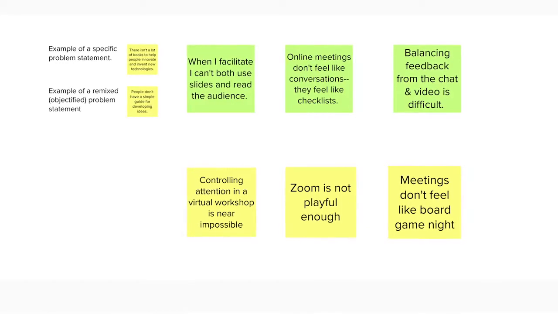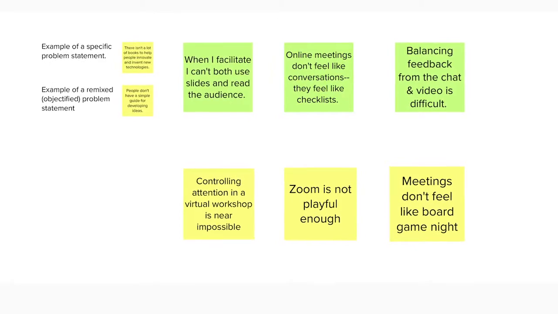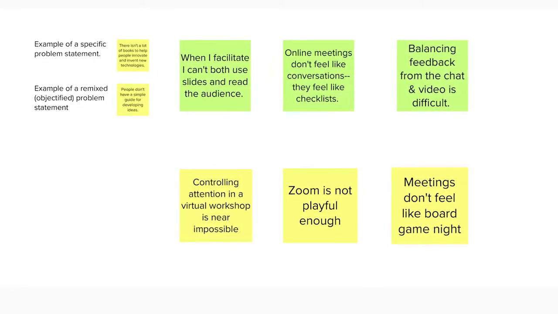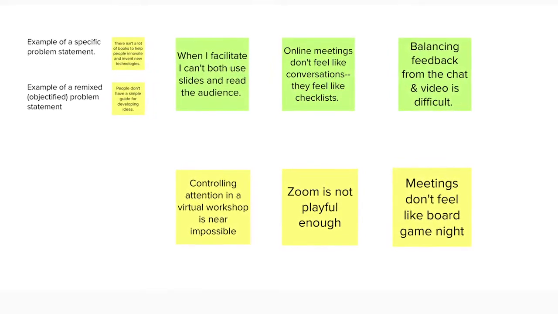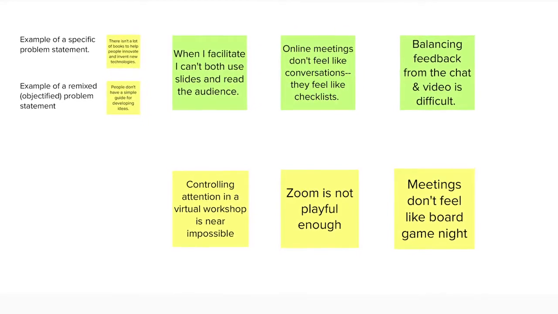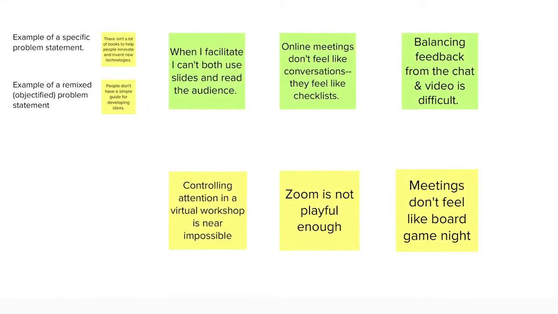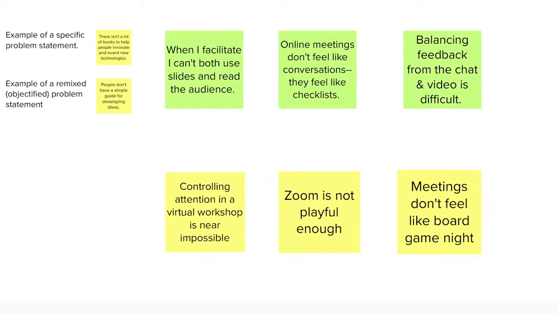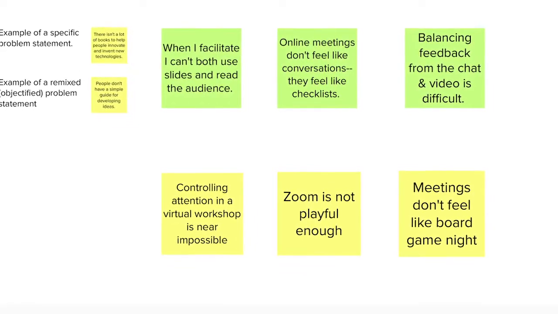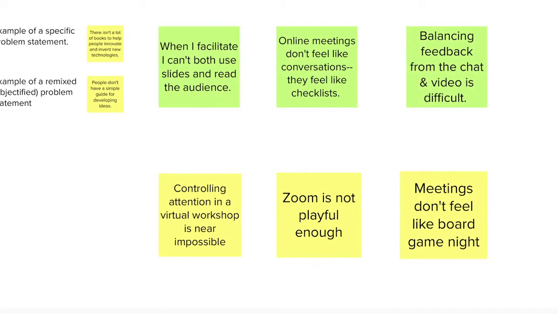Each person will be generating new statements for your problem. Spend anywhere from 10 to 15 minutes doing that. And then you could vote on those. We recommend that so that you're able to choose one problem statement to focus on for the rest of the exercises. Or it could be 2 of them, but I would recommend narrowing it down to 1.